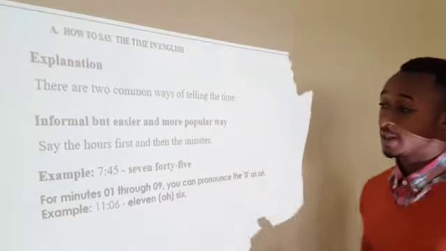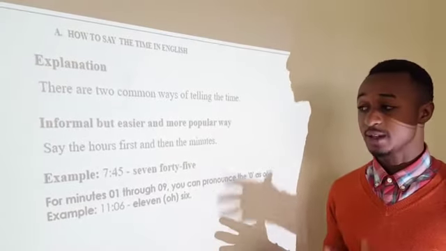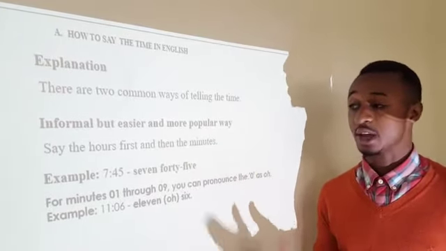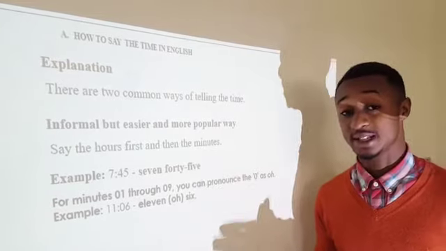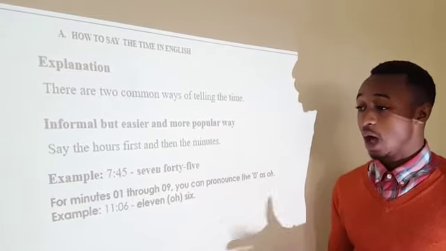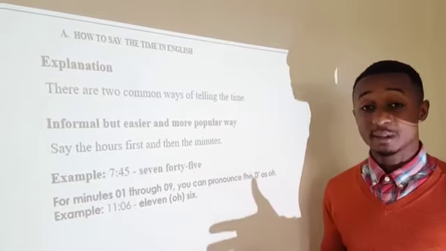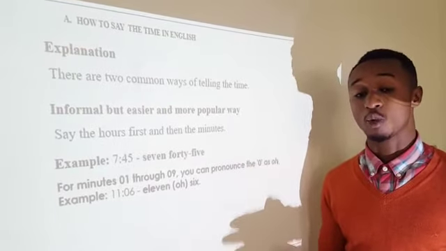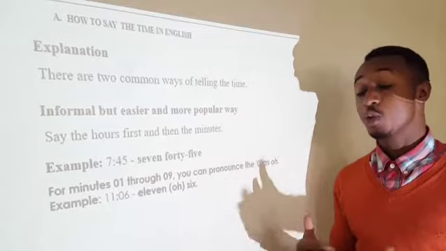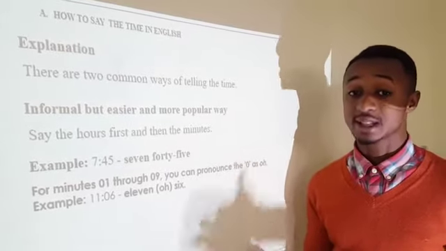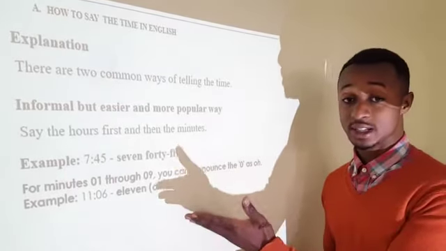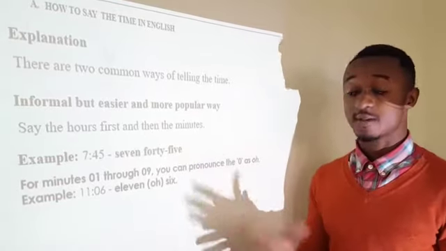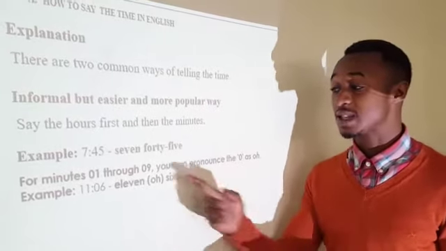Okay, here is how: say the hours first and then the minutes. Here is an example, very easy. It's like a piece of cake. What time is it? That's the question they ask when you want to know the time. So here we use the verb to be to say the time. What time is it? It is 7:45.